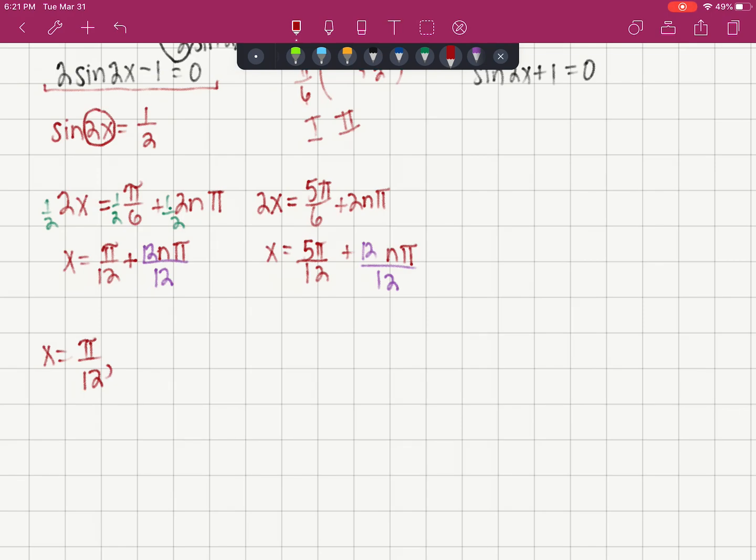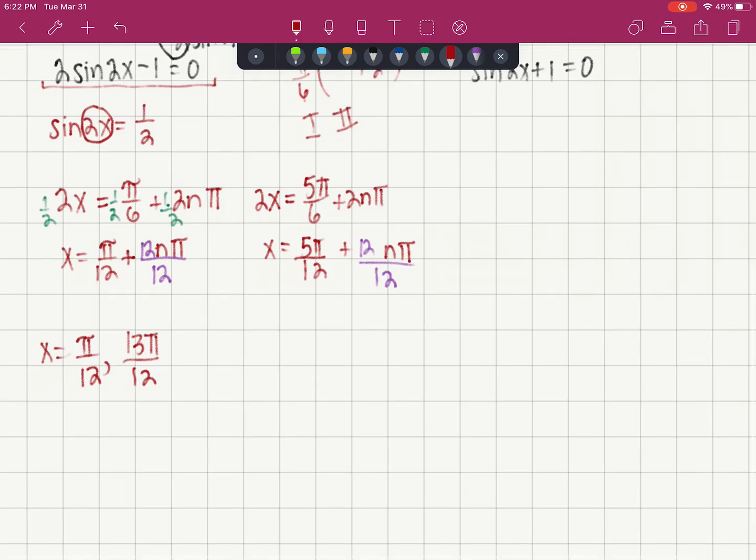So 1 pi over 12 plus 12 pi over 12 is 13 pi over 12. If I put a 2 in, 12 times 2 is 24, so we'll have 24 pi over 12 plus 1 pi over 12 is 25 pi over 12, but that exceeds 2 pi. So that is not an answer.